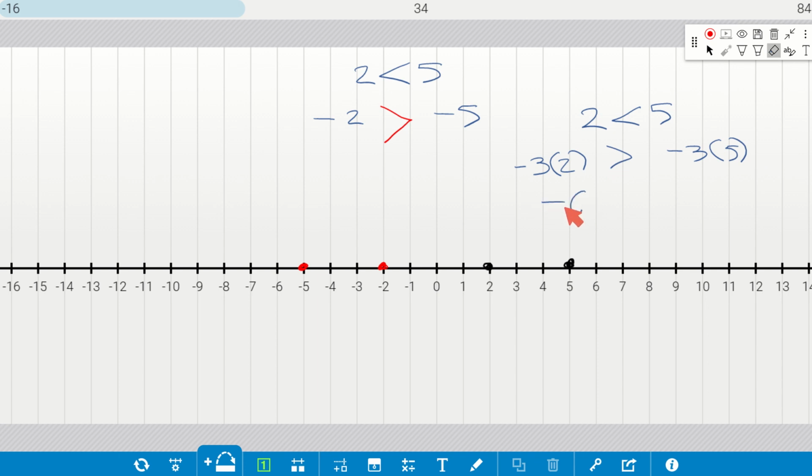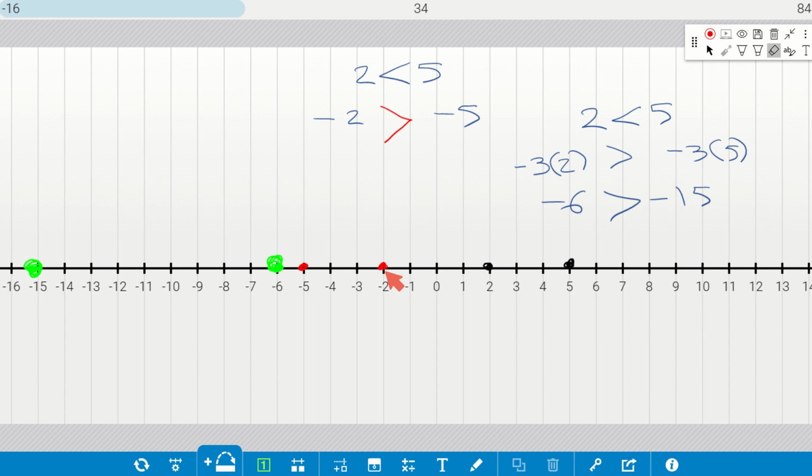So notice I get -6 is greater than -15, which is of course true, because look, -6 is right here and -15 is right there, you see? So you definitely would want that switch. -6 is definitely larger than what? -15.